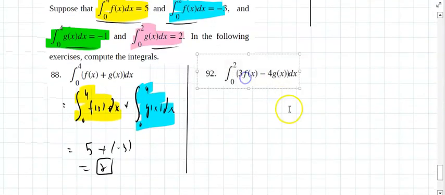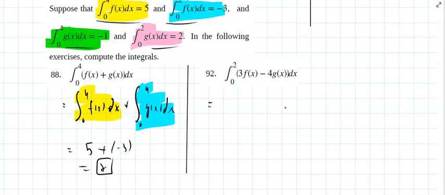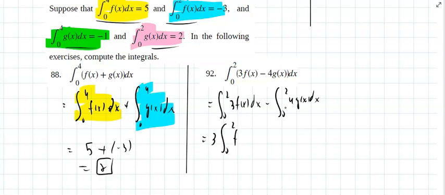Again, just making sure that we know how to use those rules properly. And here, if I'm dealing with a minus, I'll say, look, that is the integral 0 to 2 of 3 times f of x dx minus the integral from 0 to 2 of 4 g of x dx. We'll say that's 3 times the integral 0 to 2 of f of x dx, and here we can drag the constant up front.